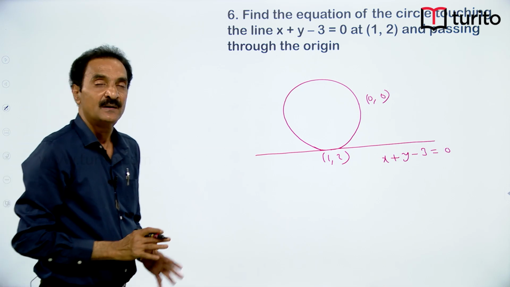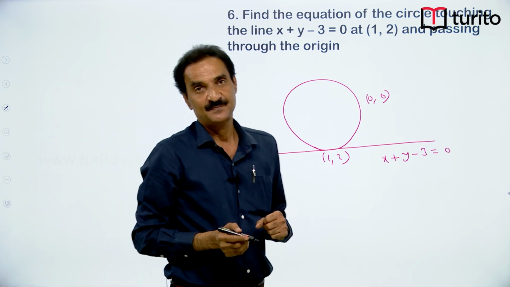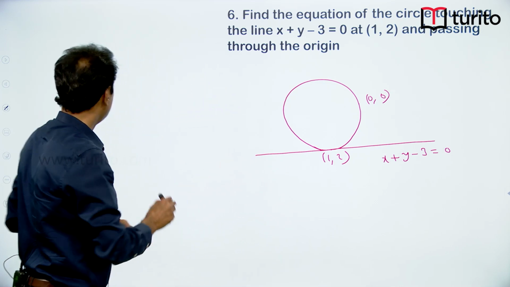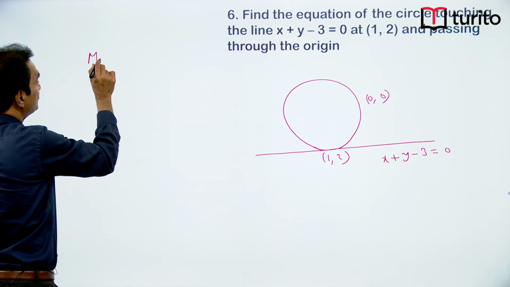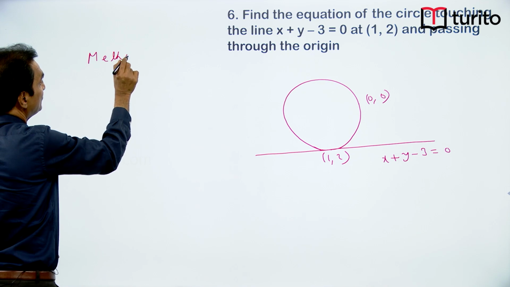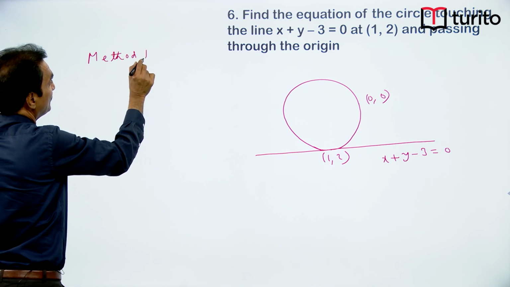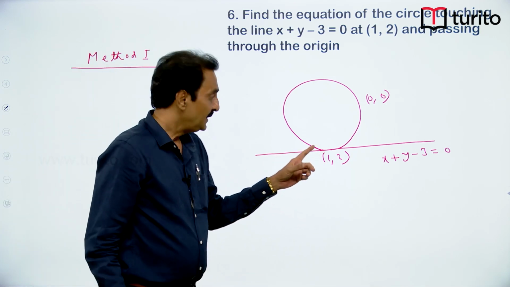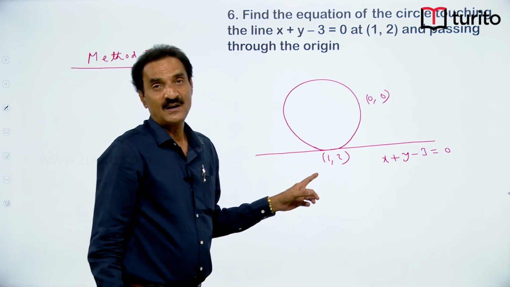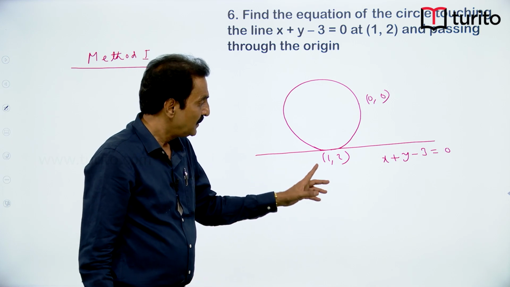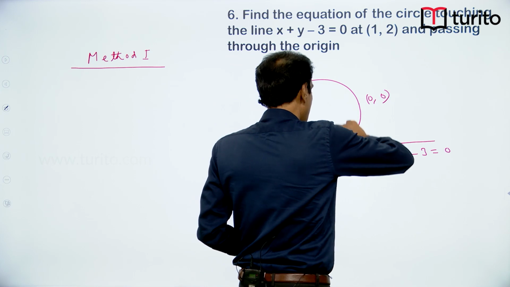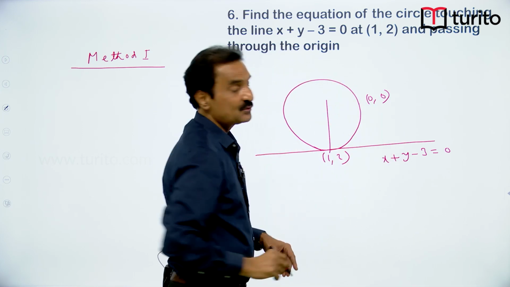Okay. I will explain two methods. First, method 1, if you draw a line through 1, 2 perpendicular to the given line like this, it passes through the center of the circle.